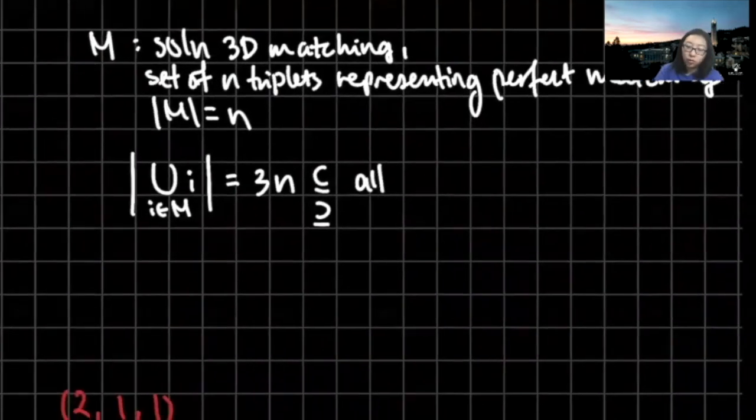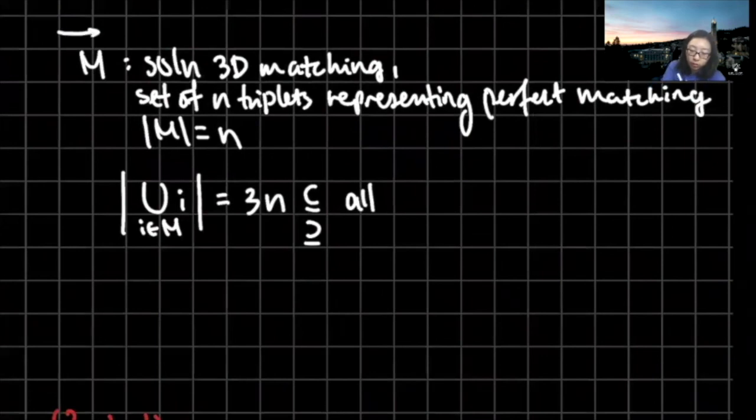Cool. We have to prove the converse as well in our reduction problem. Since we reduce 3D matching to set cover, we have to show that with a set cover solution, we can also transform that solution into a 3D matching solution. That direction is essential, but I just wanted to show the other one for symmetry.